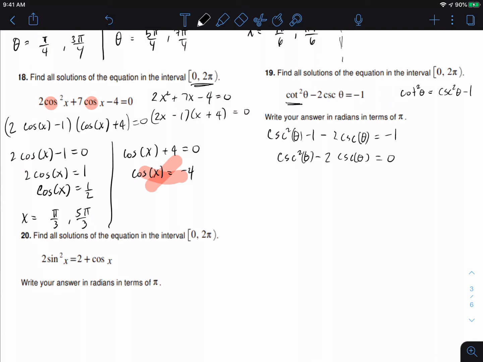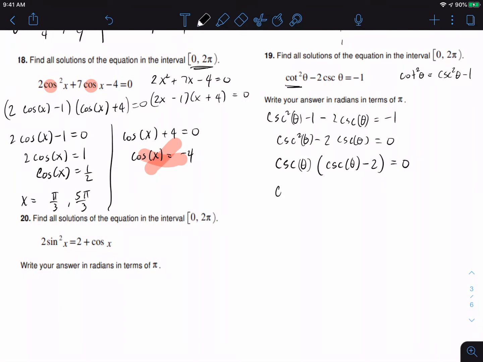So then from here I can factor out a cosecant. So I'm going to get cosecant theta times cosecant theta minus 2. And now I have my 2 factors for this. And so cosecant of theta is equal to 0, and cosecant of theta minus 2 is equal to 0.